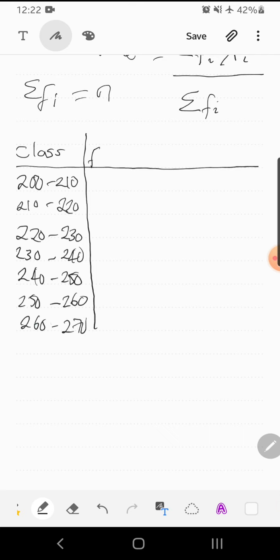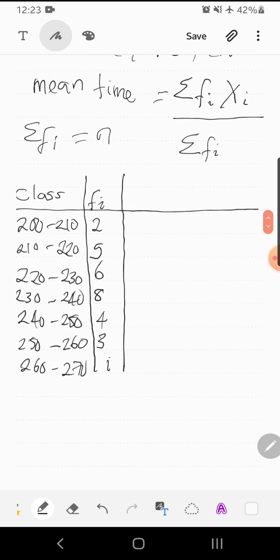Okay, so we'll put the frequencies there: 2, 5, 6, 8, 4, 3, 1.